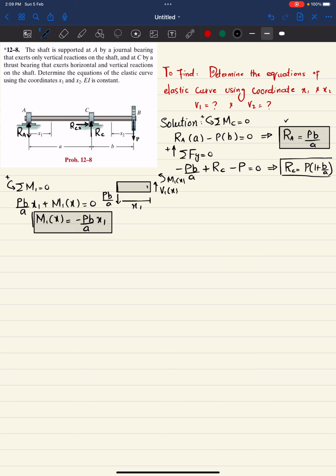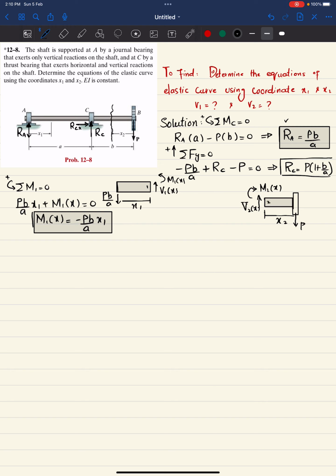Now we'll find the moment equation when you cut from here and draw the free body diagram. It will be like this. This is your point P, and this is the distance x2. If you cut it, you will have a shear force V2 of x and a moment M2 of x.